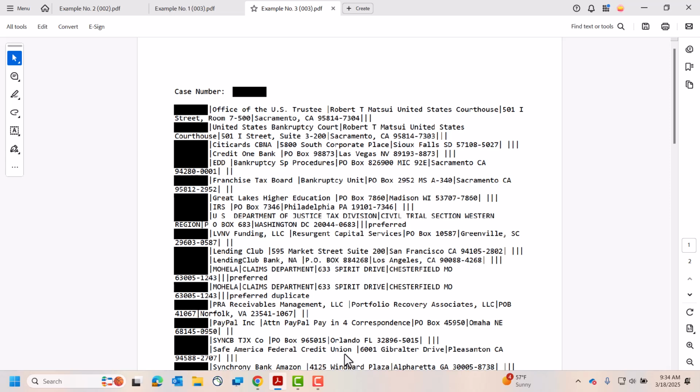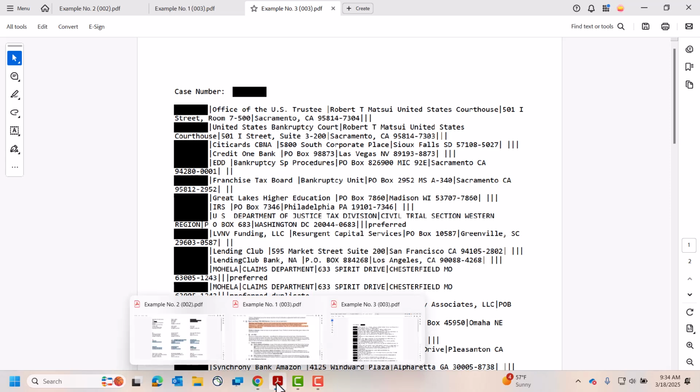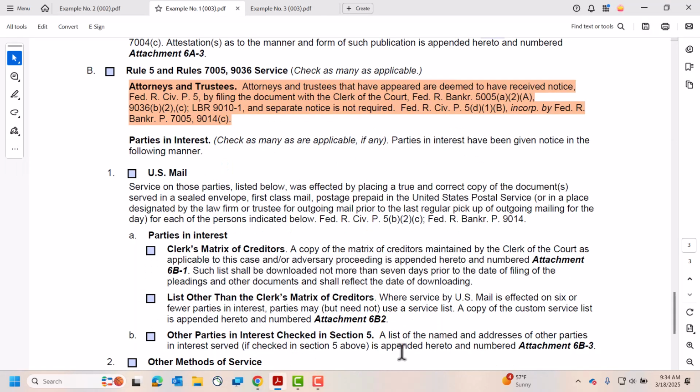Section 6B2, Other Methods of Service. Section 6B2 of EDC Form 7-005 is a catch-all to accommodate other methods of Rule 5 service and notice.